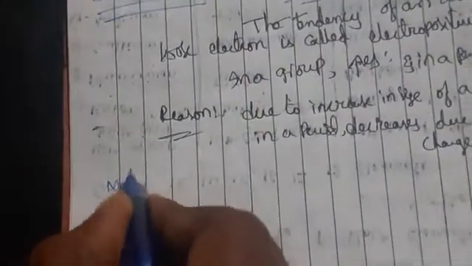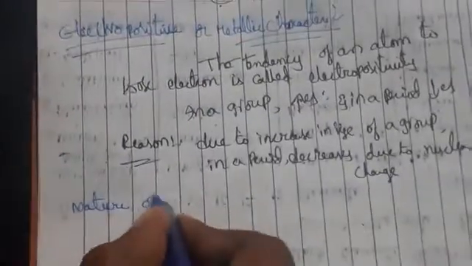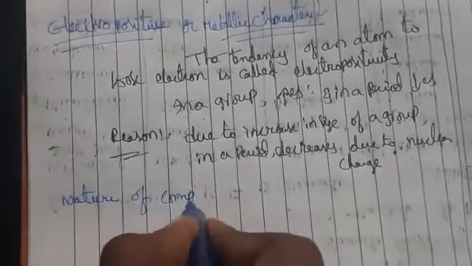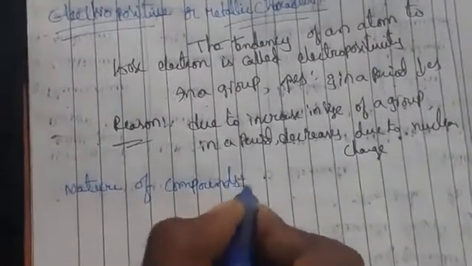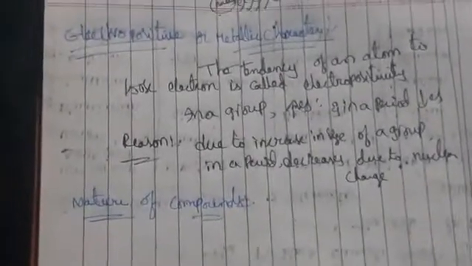What is the next property? Nature of compounds. Nature of compounds means whether it is a gas or a solid, that we are going to discuss here.